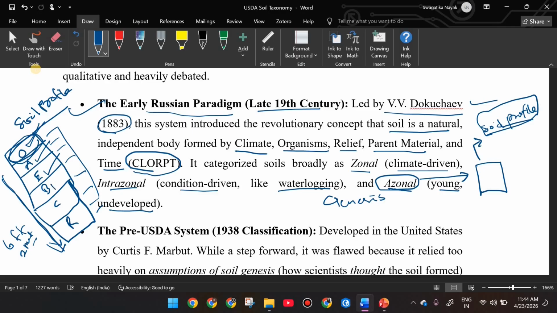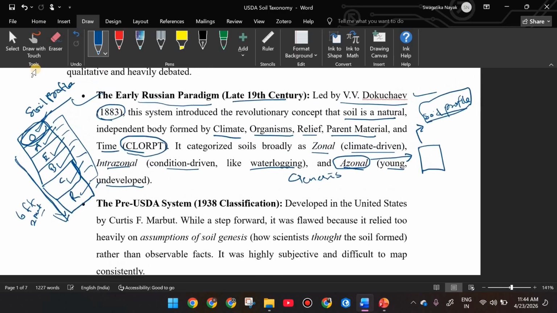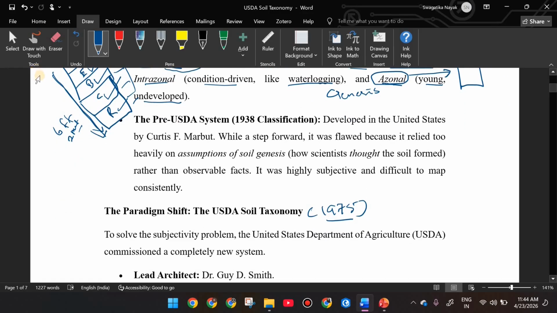Then we have B, then C, then R. Now coming back to the types of soil taxonomy.